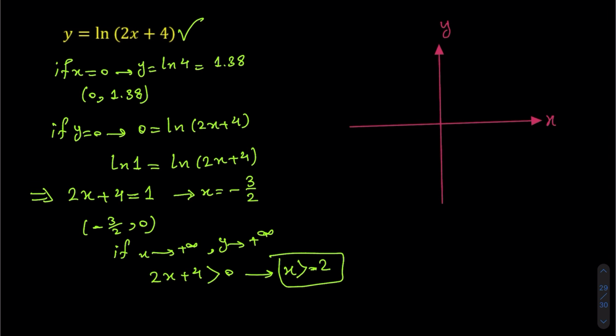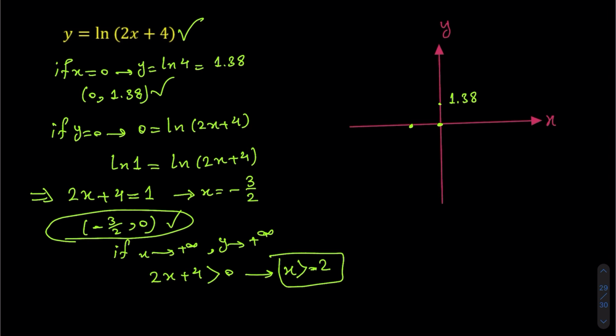Now let's mark the x and y axes of the plane with the ordered pairs that we got, and here we have a limited value for x. So let's say here is 0 and 1.38. So this is one point that the curve passes through, and the other one is negative 1.5 and 0.